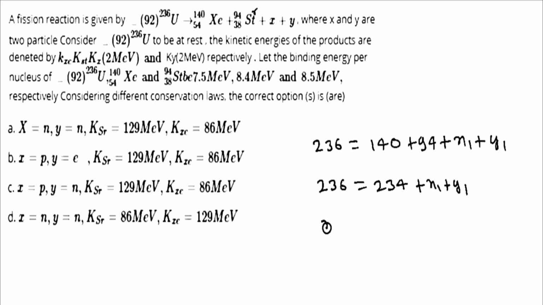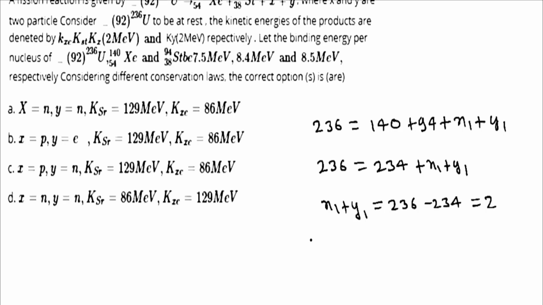So X1 plus Y1 is equal to 236 minus 234, which is 2. This is the sum of the mass numbers.